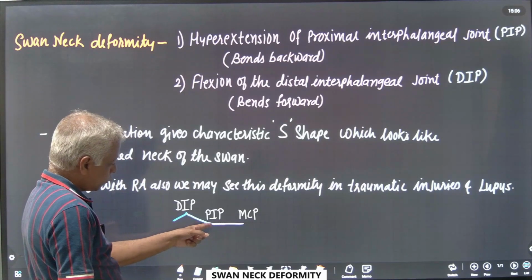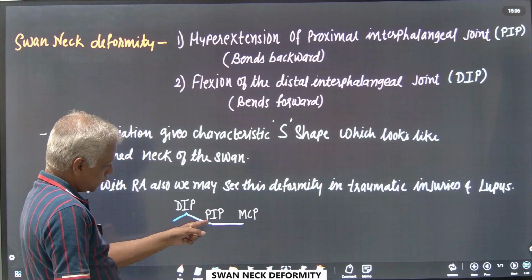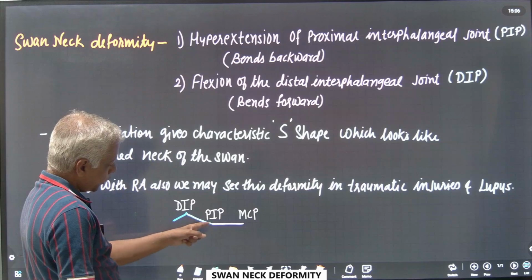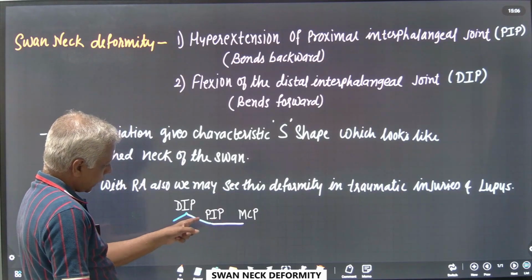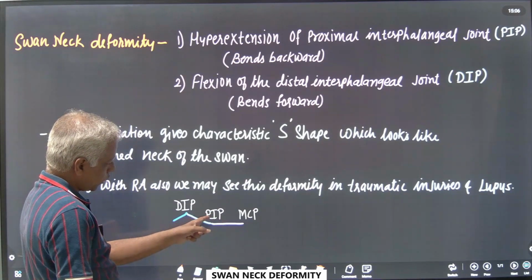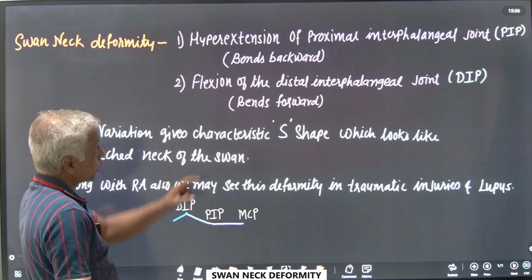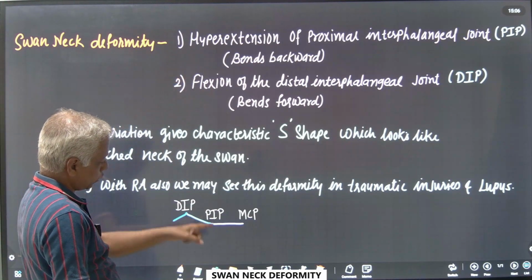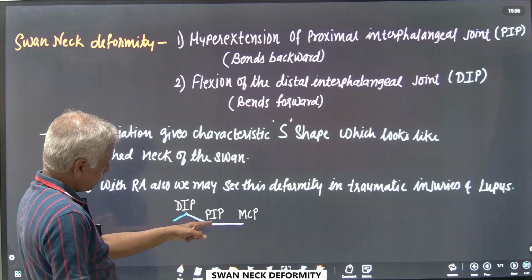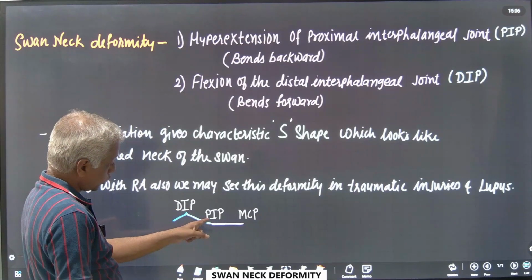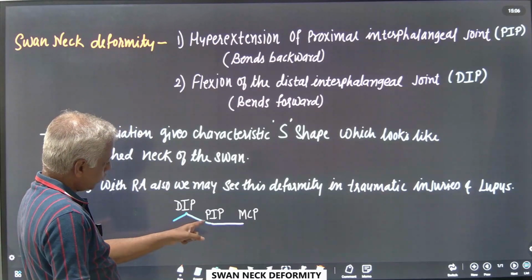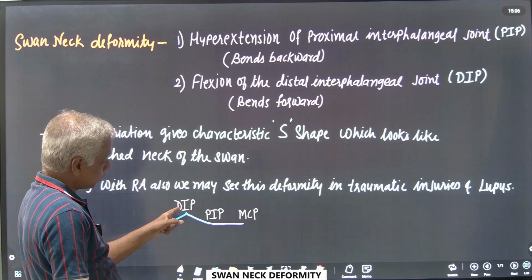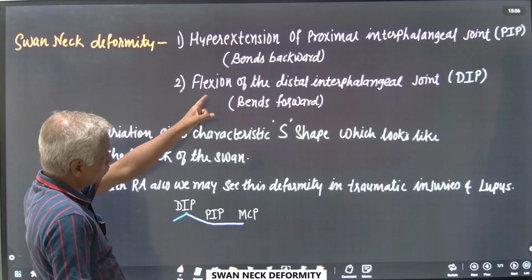Here we have a first phalanx, a second phalanx, and a third phalanx. The joint between the first phalanx and the second phalanx we call the proximal interphalangeal joint. Here this proximal interphalangeal joint is showing hyperextension, and the joint between the second and the third phalanx we call the distal interphalangeal joint, which is showing a flexion.